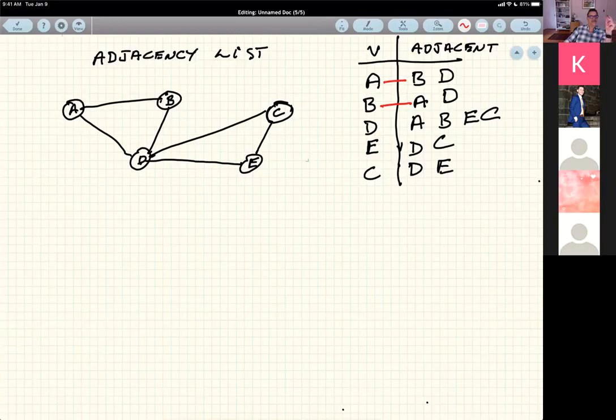V refers to the number of vertices, and each edge appears twice. So the order of this is order of V plus E. It's really order of V plus 2E, but since we're using big O notation, we don't bother with the constants inside the big O notation.